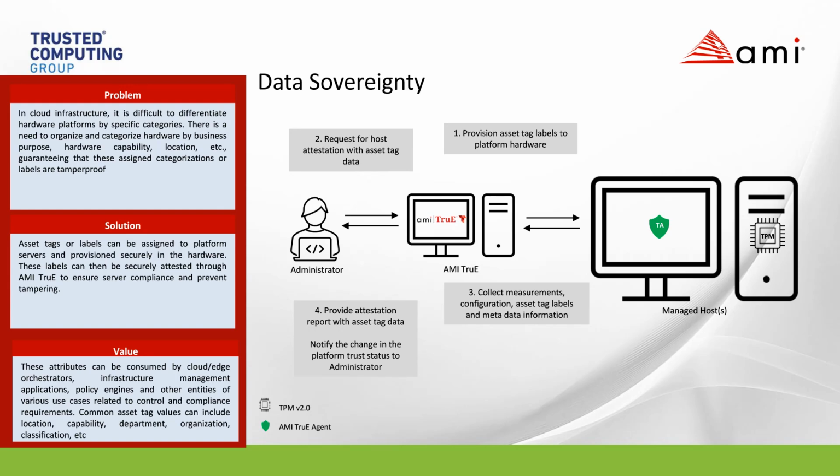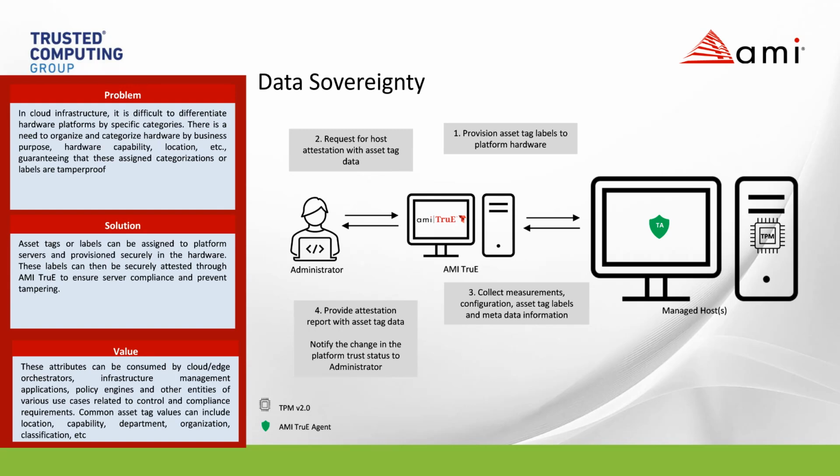So using AMI True, we can deploy the external information as key value pairs. Any number of key value pairs, you can add as an asset tag securely into the TPM. These asset tags will be stored securely in the TPMs, and the asset tag values are again stored as a hash value.